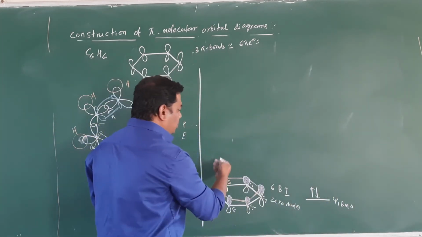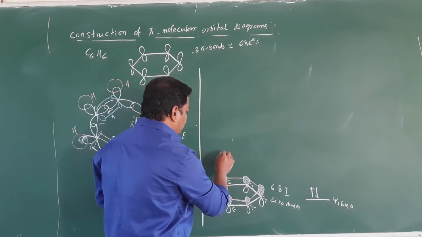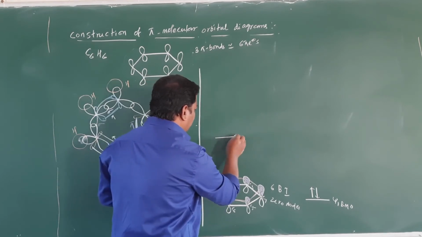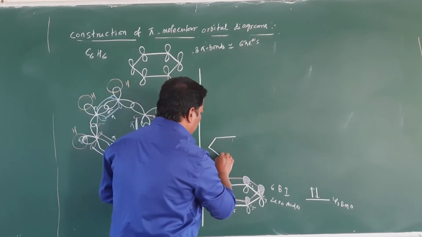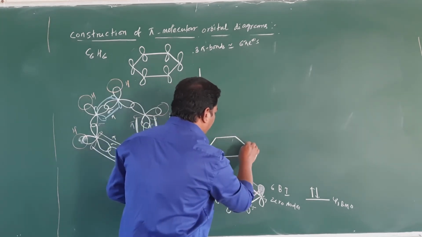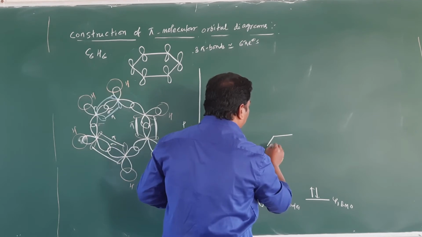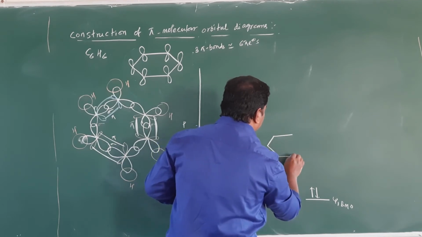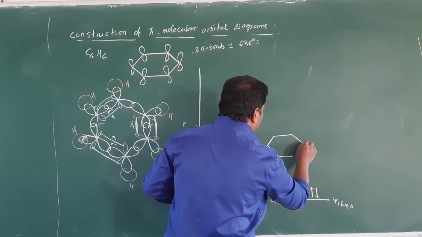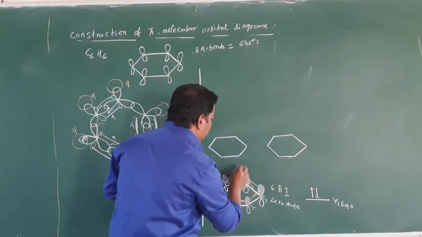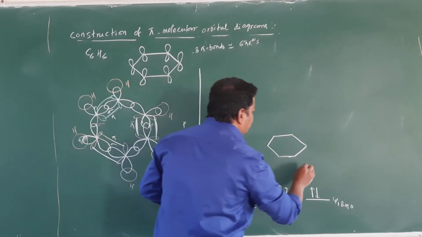Okay, so these 2 energy level orbitals, this is 1 and this is 2, are two molecular orbitals with the same energy level, student. So this is psi2 and this is psi3.